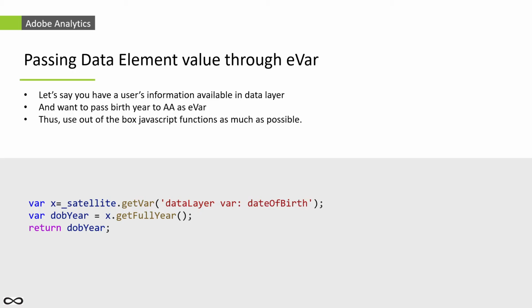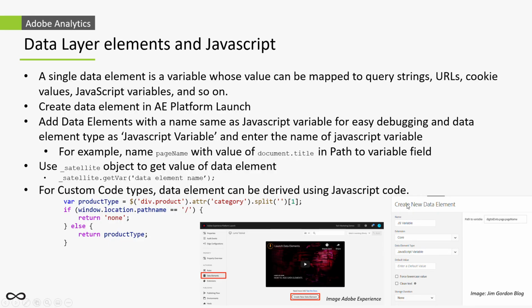And how we can pass the data element value through the eVar. As I said earlier, we have _satellite.getVar for the data layer, then the variable object that we have to extract. We need to make sure how the data element is created, with the element type JavaScript variable.